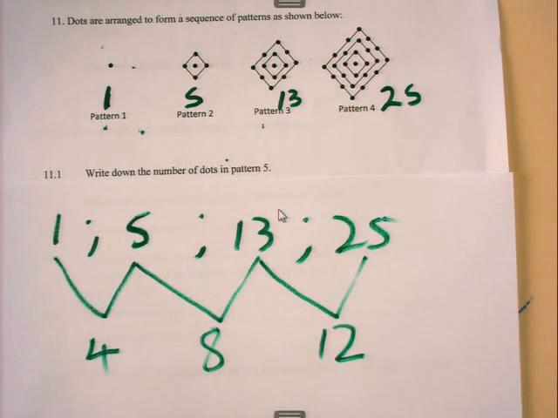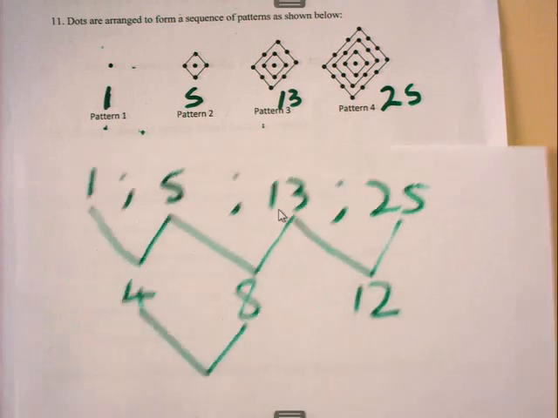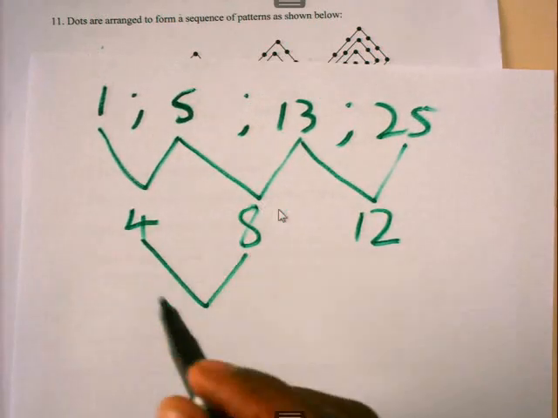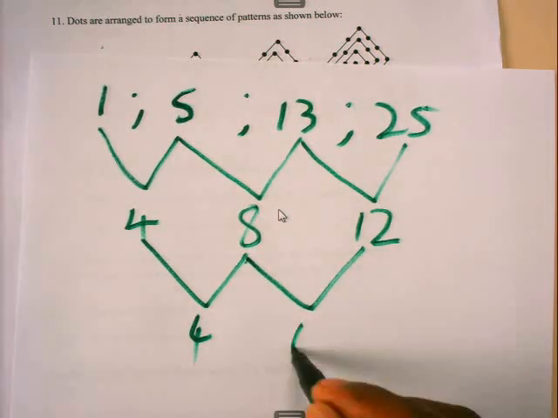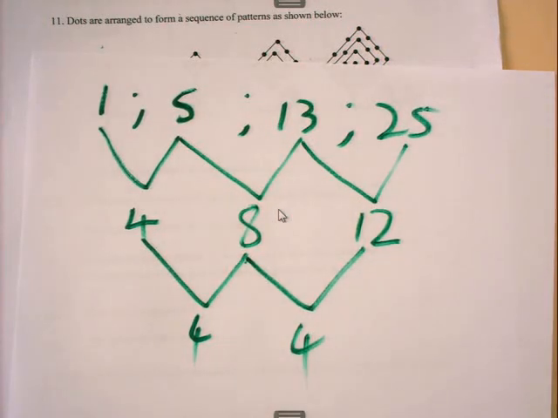You can see already the first difference is linear. Once the first difference is linear, it means the second difference must be constant. Check: 8 minus 4 is 4, 12 minus 8 is 4. The second difference is common. It is a quadratic number pattern.